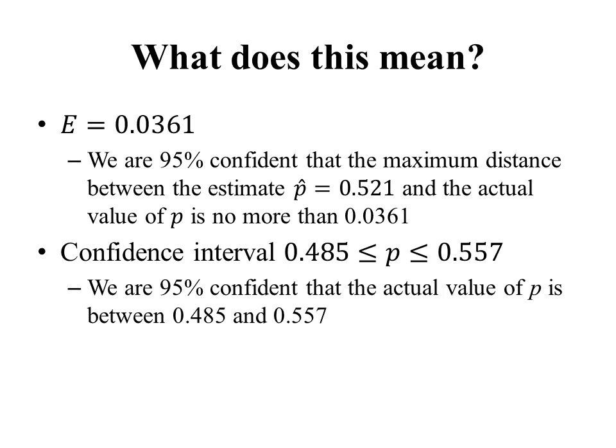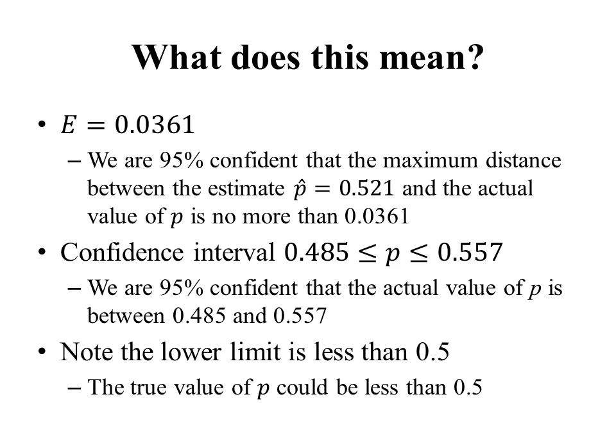Now our confidence interval, P is somewhere between 0.485 and 0.557. We would interpret that by saying we are 95% confident that the actual value of P is somewhere between these two numbers, 0.485 and 0.557.